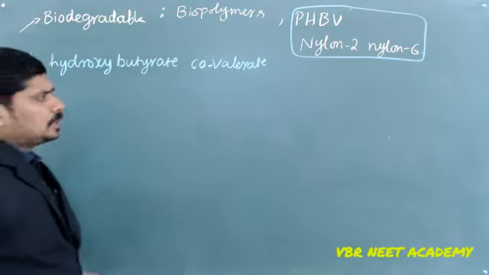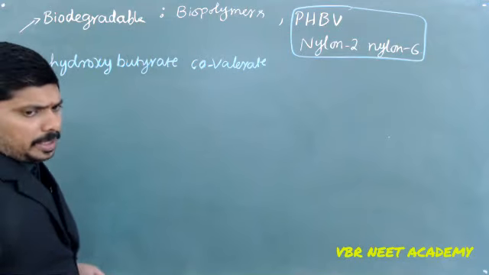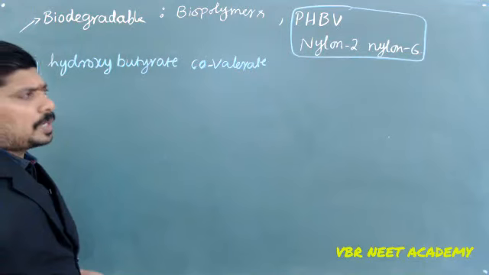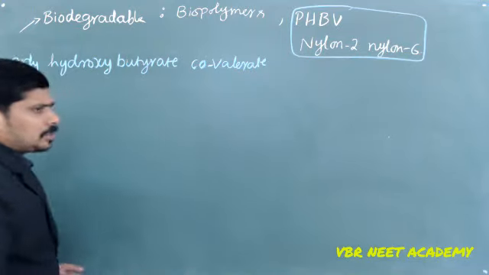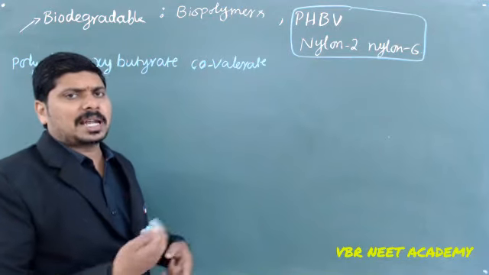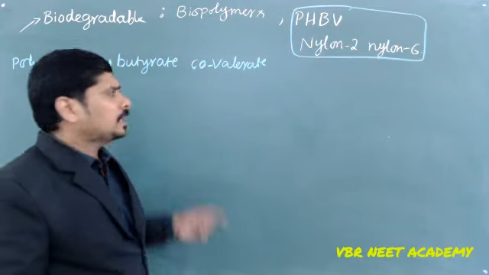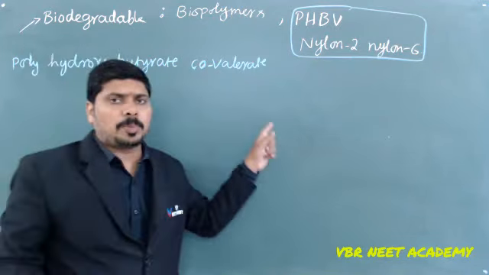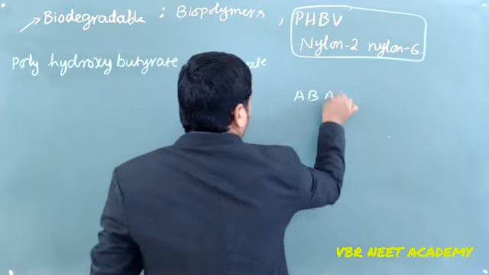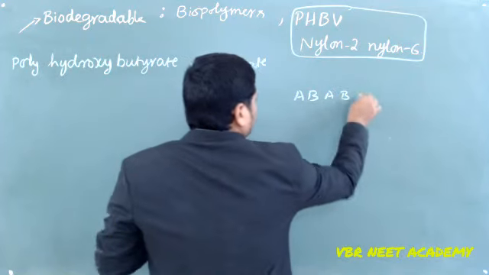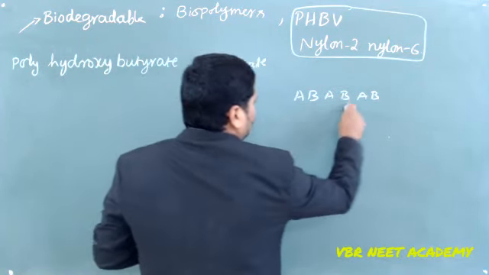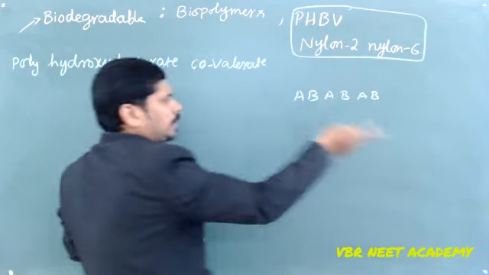I said a copolymer is where alternatively we have the monomers; we call them copolymers. Copolymers can again be alternate copolymers, block copolymers, or graft copolymers. An alternate copolymer is AB type: one monomer, then the other monomer, then one monomer, then the other, alternating.